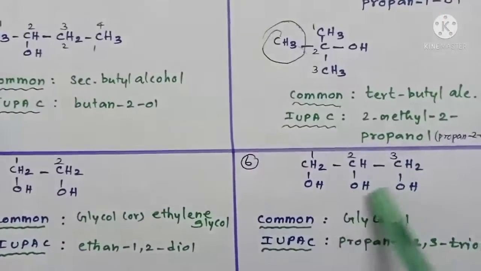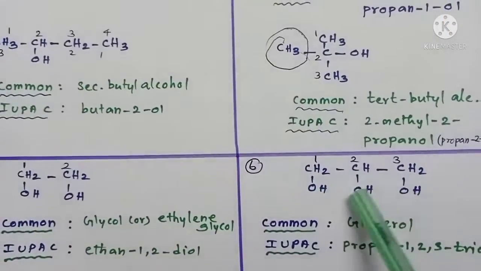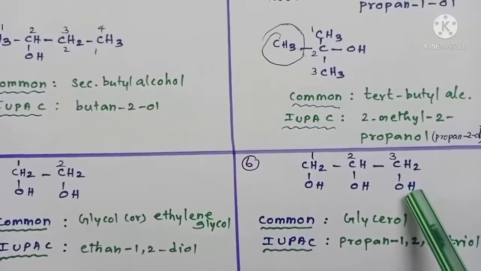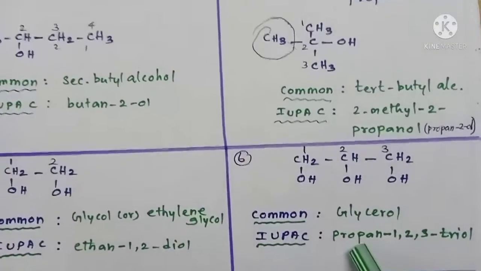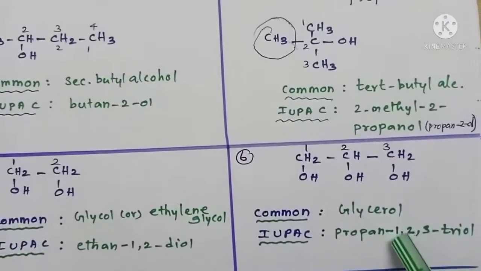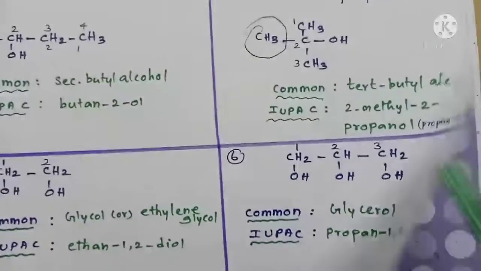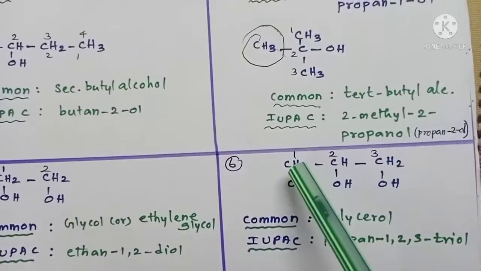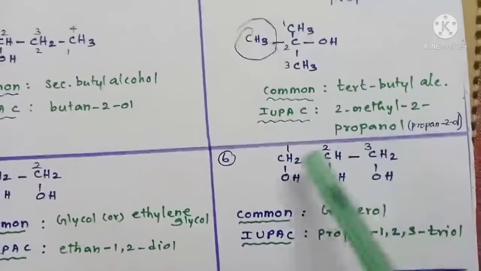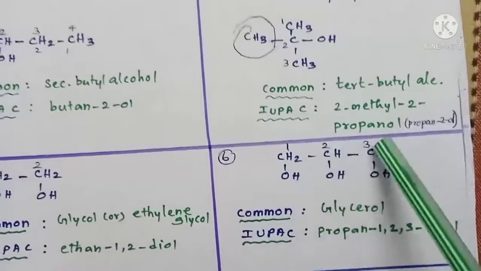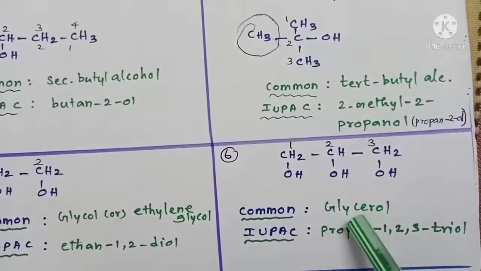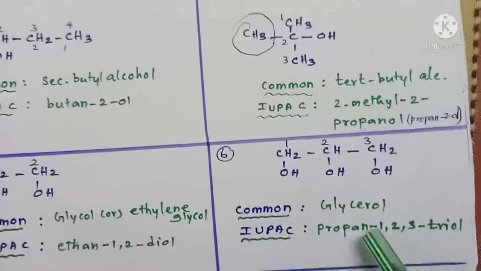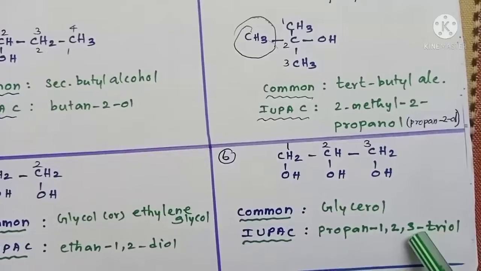Each carbon carries an OH group, so propane triol. The E you can drop it. Then the OH groups are at carbon numbers 1, 2, and 3, so propane-1,2,3-triol. That is the IUPAC name of glycerol.